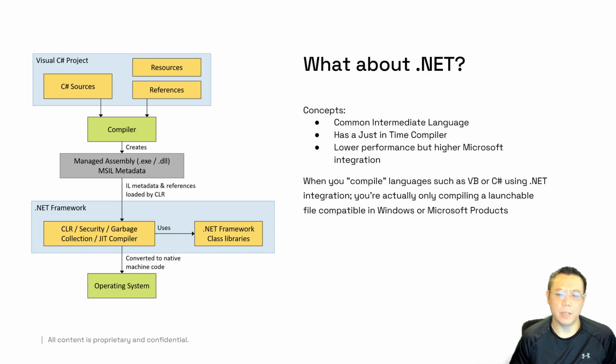Whoa. What do you mean, Dennis? An intermediary language is a language that sits as a sandwich between the machine code and an interpreter and any other kind of compiled code from a high level. So take this Visual C# project, for instance. We have the high-level languages right here, and dependencies and references.